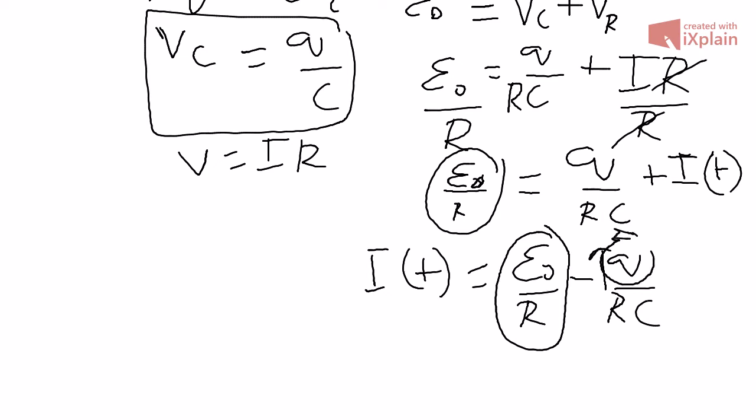As charge increases, so does voltage. When charge is maximum on the plates, this whole term becomes 0, which implies that the current will be equal to 0.